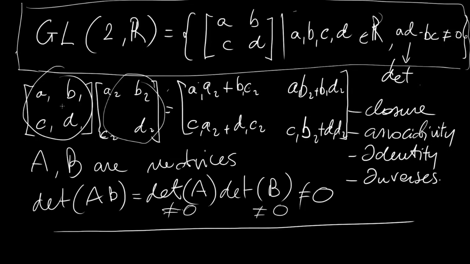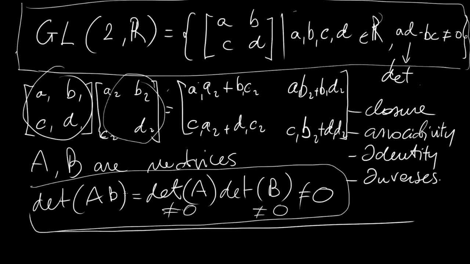And it turned out that yes, we are still in the set, because if I multiply this, I get that, and all the entries are real, and by this law, I get that the determinant is also not 0. So I satisfy everything that makes me stay in the group. So the first property, closure, is satisfied.